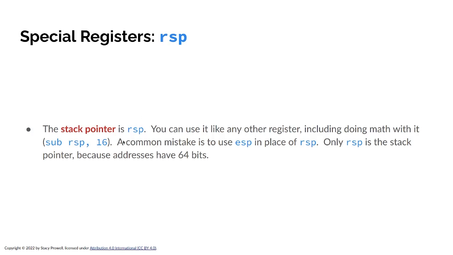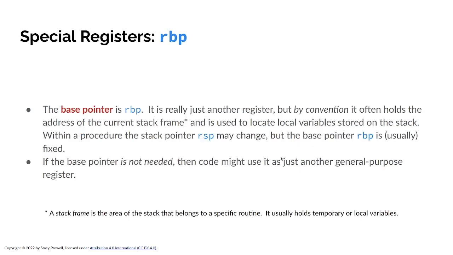And so we want to use the stack, and that's RSP. You'll often see us doing explicit math with it, like subtracting from RSP, which is a way of reserving space on the stack. Adding to RSP is a way of deallocating space on the stack. A common mistake is to use ESP in place of RSP. Don't do that. Just pretend ESP doesn't exist.